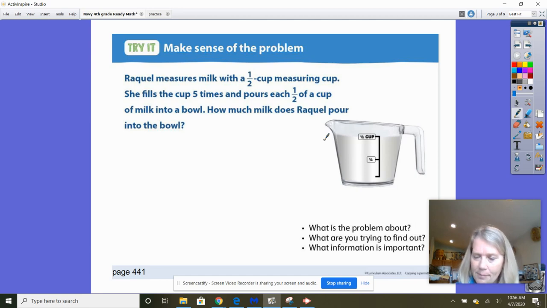Third read by me, since nobody else is available. I'll use my deep voice. Raquel measures milk with a 1/2 cup measuring cup. She fills the cup 5 times and pours each 1/2 of a cup of milk into a bowl. How much milk does Raquel pour into the bowl? So on that read, ask yourself what information is important.